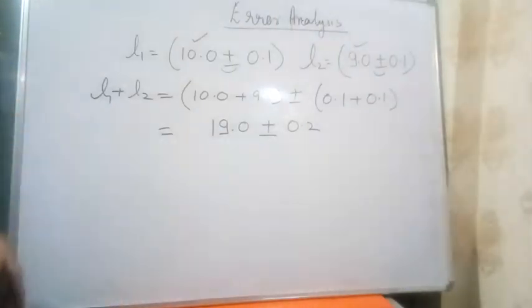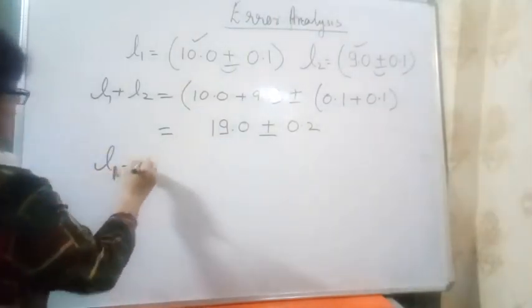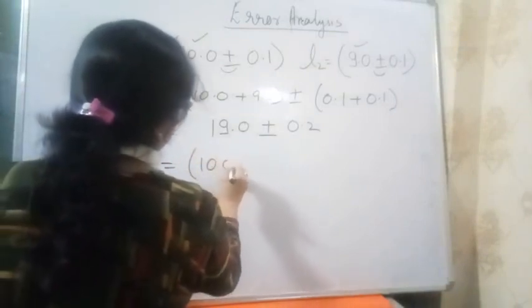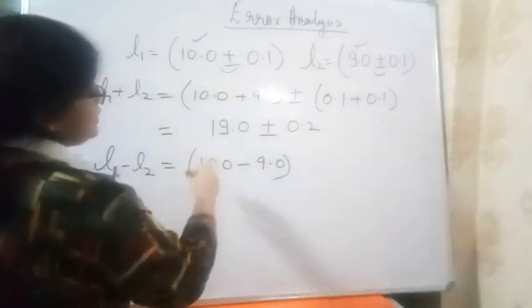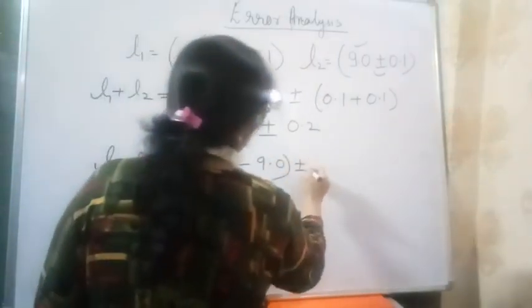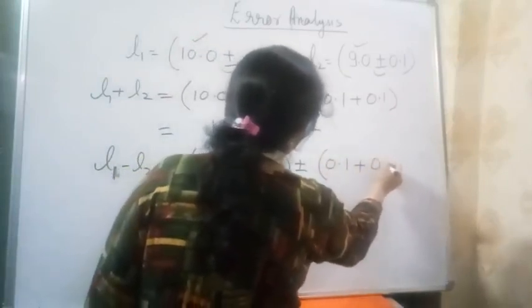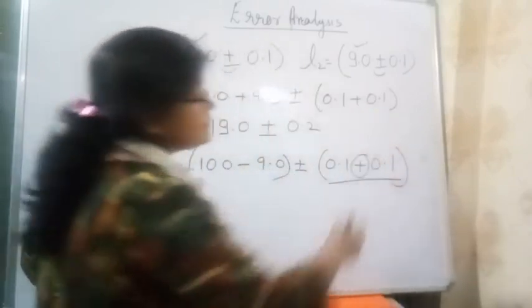Now if we want to subtract these two values, how will we do that? L1 minus L2, we have 10.0 minus 9.0. We have to subtract the two real values, but here the errors will not be subtracted. I am again telling you, the errors will not be subtracted, they get added.